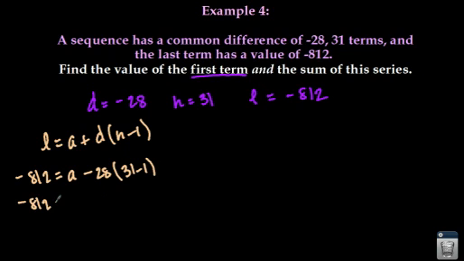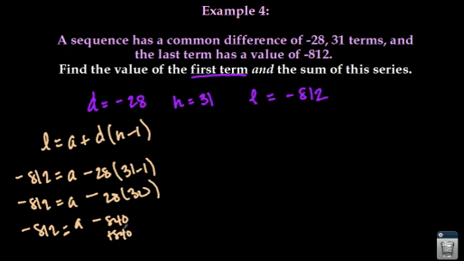So this ends up being, okay, negative 812 equals A minus 840. Okay, I'm going to add 840 to both sides. So 28 equals A. Okay, so that's the first term.